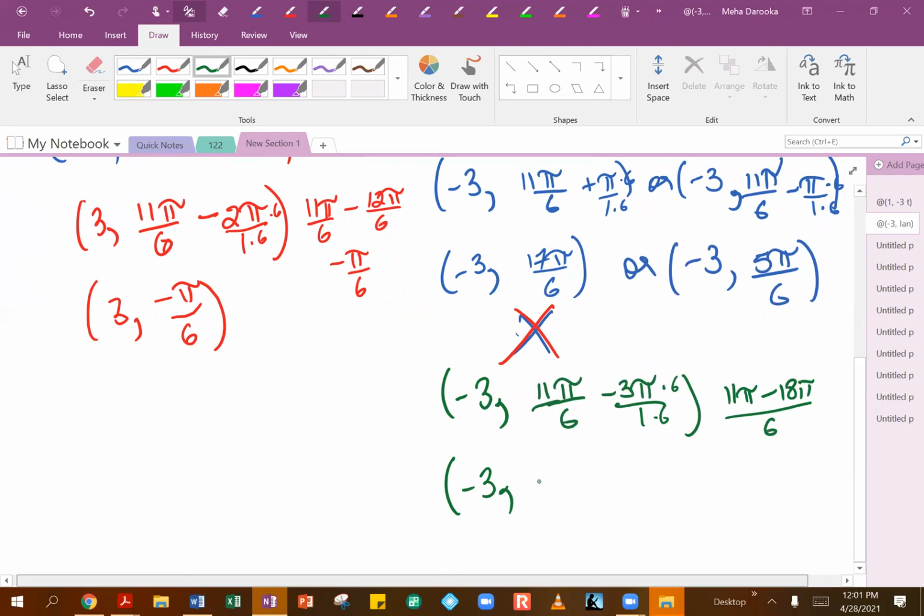So that will come out to be, yeah, -7 pi over 6. Shu, yeah, very nice. Katie, very good. Alrighty. So -3 and -7 pi over 6.